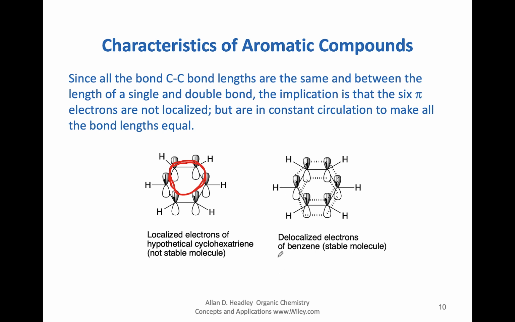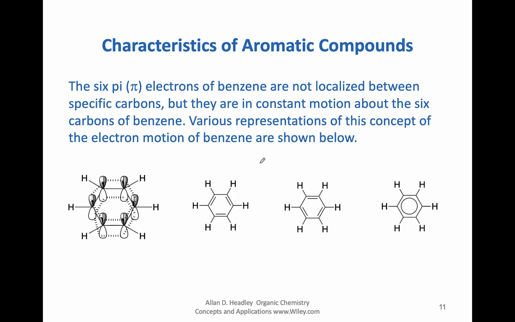So this represents a better description of the benzene molecule, because if these 6 electrons were delocalized constantly throughout the 6 carbons, then the bond lengths here would all be the same. So this model explains the structure of benzene much better. Now comes the problem. How do we draw that?